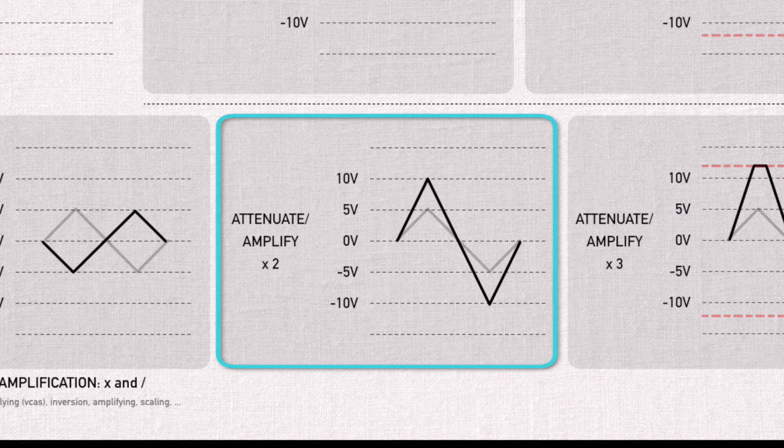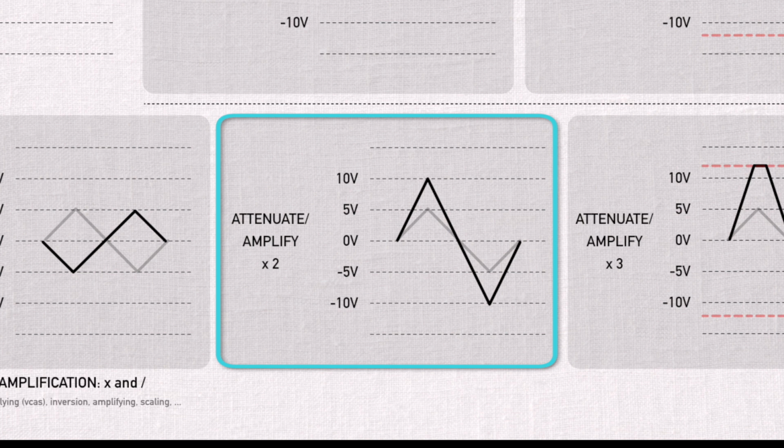So whenever the signal is crossing the 0 axis, well, when you multiply 0 by 2, it's still 0. When the signal passes 2.5 volts, we multiply this by 2, we get 5 volts. And at the top of the wave there, we have 5 volt. If we multiply this by 2, we get 10 volts.